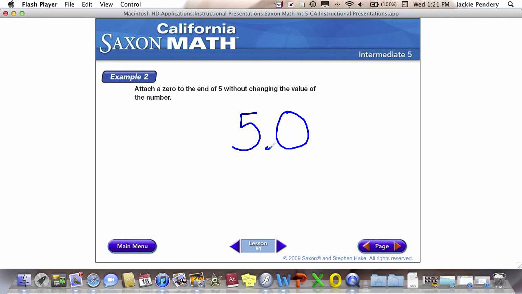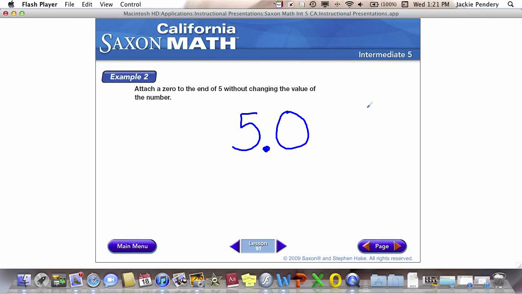Well, that's changing the value. But if I put the decimal here to make it 5.0, I have not changed the value of the 5 at all. I just have an extra 0 here in the tenths place. It's telling me I don't have any tenths, but adding a 0 to the end of the number with the decimal point does not change the value.